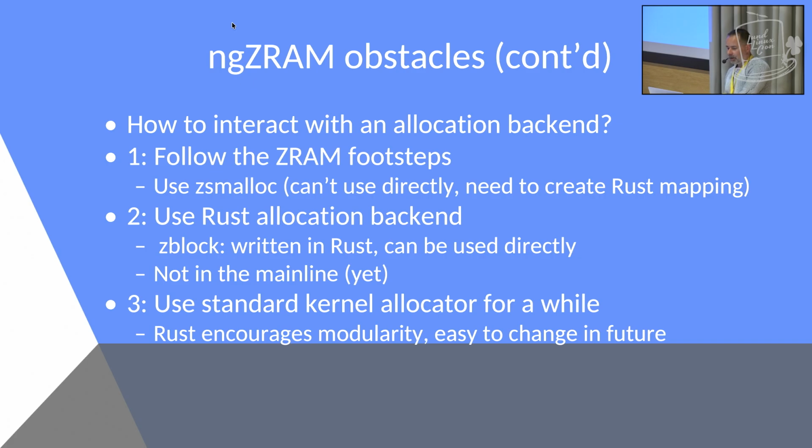But anyway, we can do that, but it's becoming a bit of a problem because too much stuff becomes out-of-tree stuff. So right now the toy ngZRAM implementation is just using the standard kernel allocator, which is not a good thing because it doesn't provide the density that we want eventually.